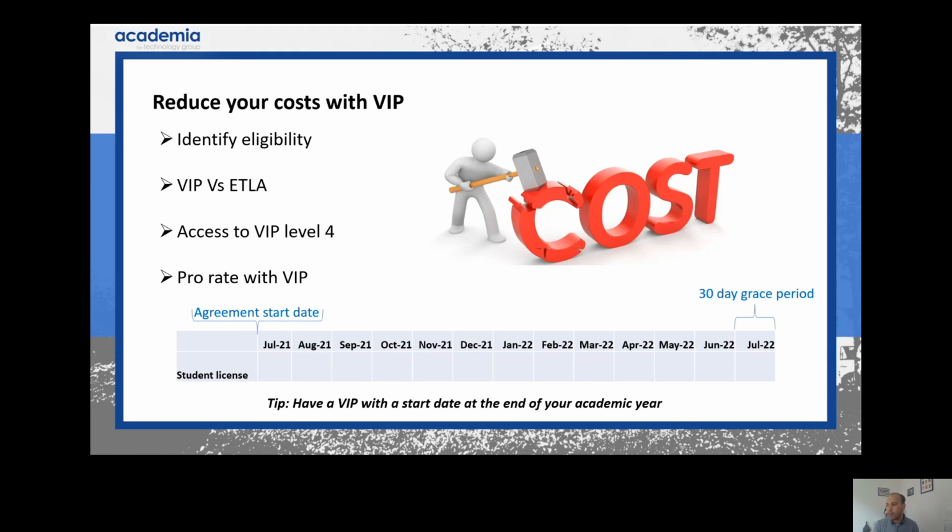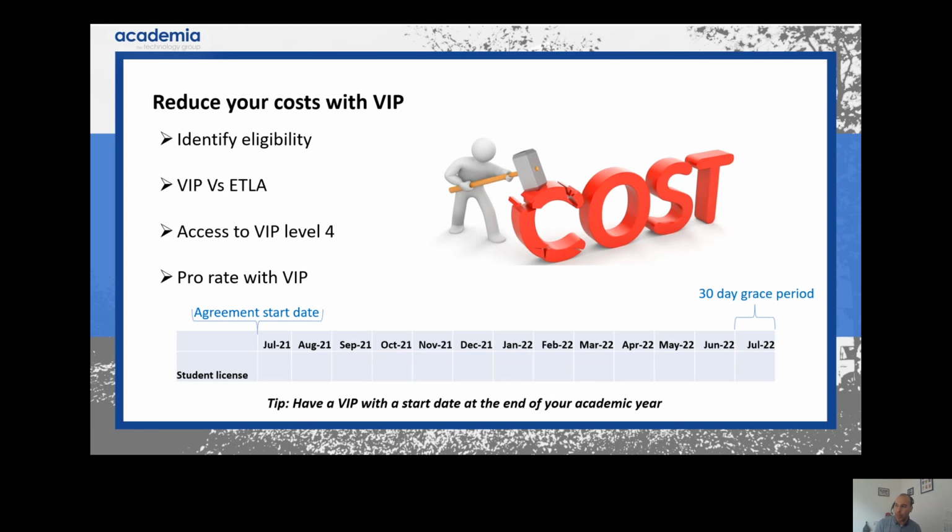So you can get named or device. It's by far the most commonly used agreement. It has the most flexibility, but has historically not had the unit cost available under ETLA agreements. Again, when we factor in the K-12 eligibility, it is significantly cheaper even than ETLA pricing. So again, we'll go back to it, identify your eligibility.